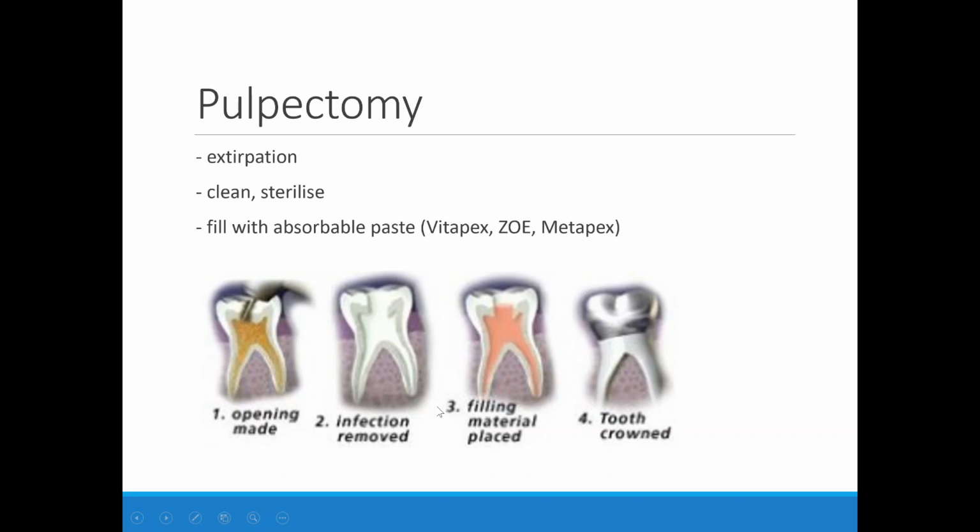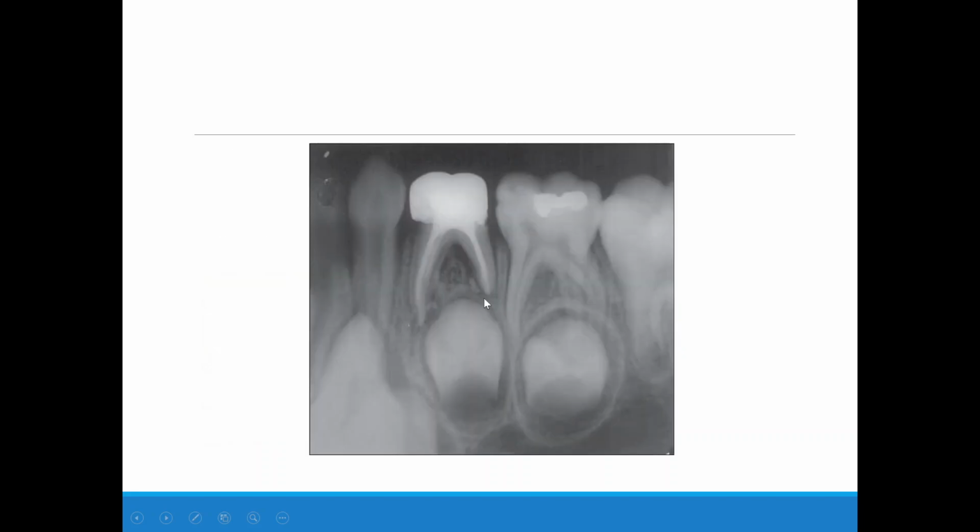You can see on the X-ray that X-ray control of the filling of roots is very important, so that we have no excess of filling material above the apexes of the roots, because it can lead to damage of the lamina dura around the bud.